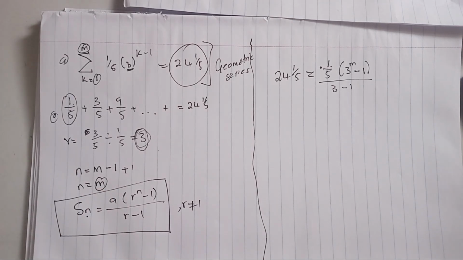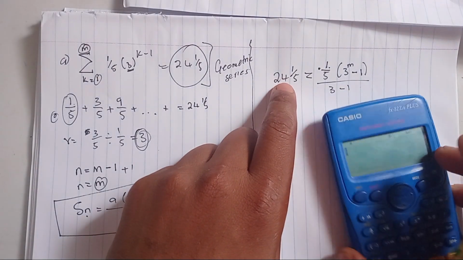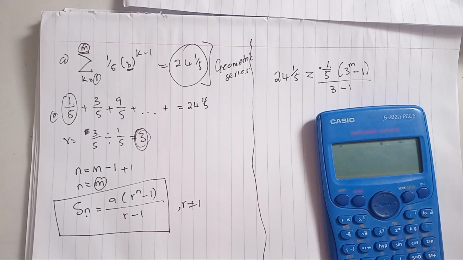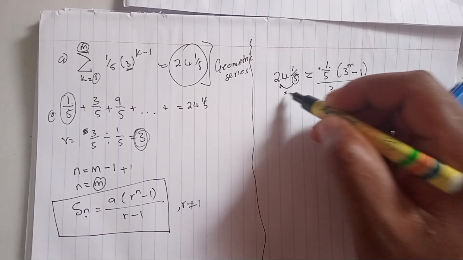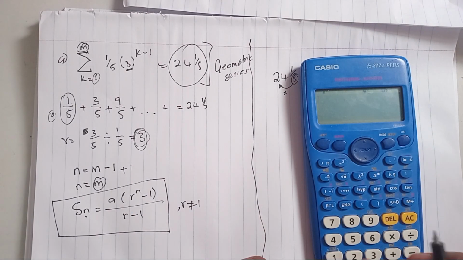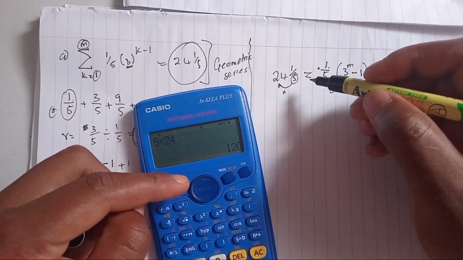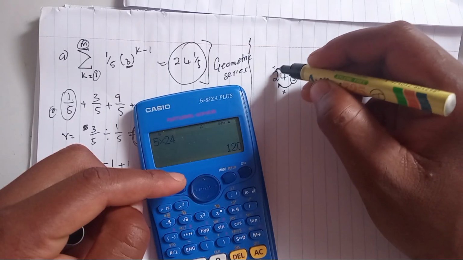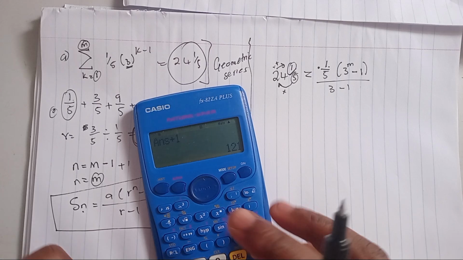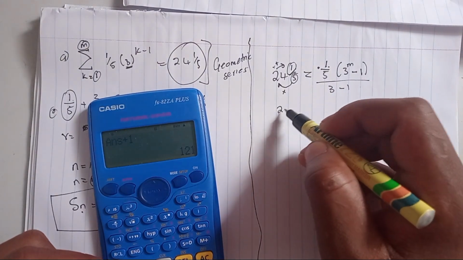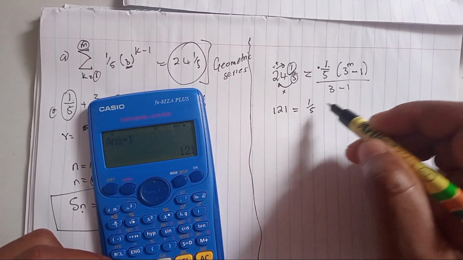Now we work things out, guys. First thing that we have to show each other is how do we convert this into a single fraction. We say 5 multiplied by 24, we get 120. Then we add the numerator: 120 plus 1, and then we have 121. So it means we're going to have 121, which is equivalent to 1 over 5 into 3 exponent m minus 1.